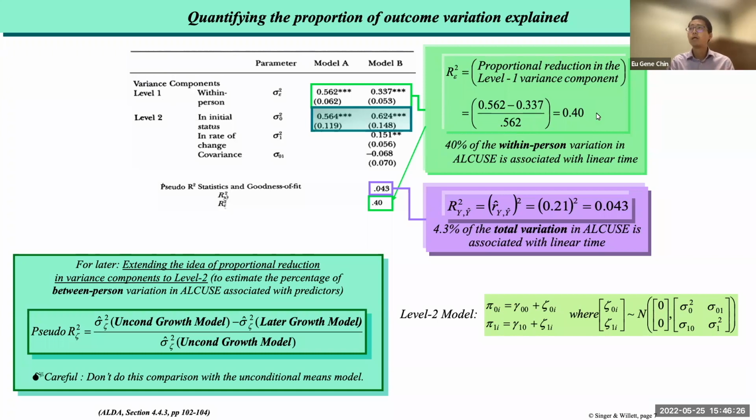And when we do that, we actually get 0.40, which means that 40% of the within person variation in alcohol use is associated with time in a linear sense. So that's good news. That means that it makes sense for us to add time as a level 1 predictor.